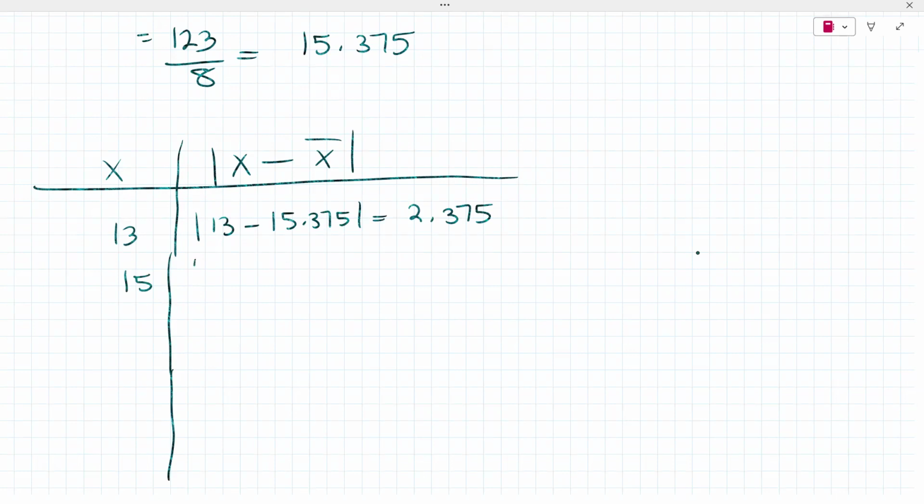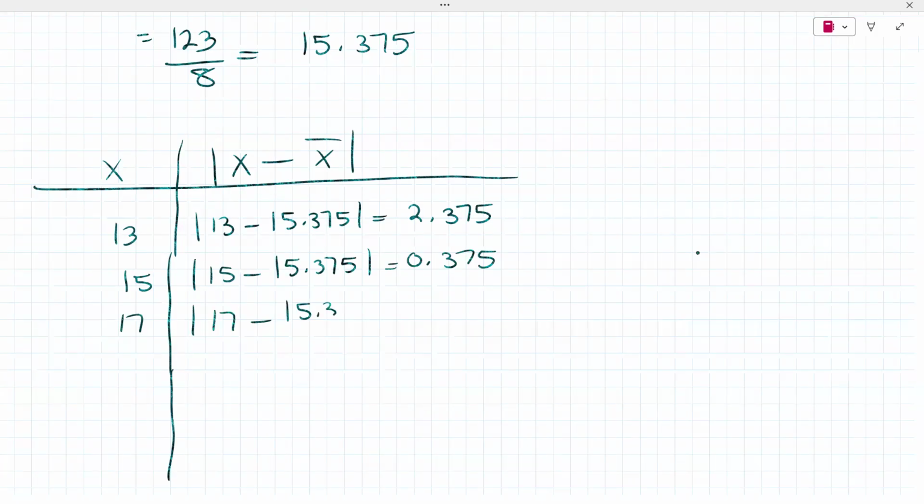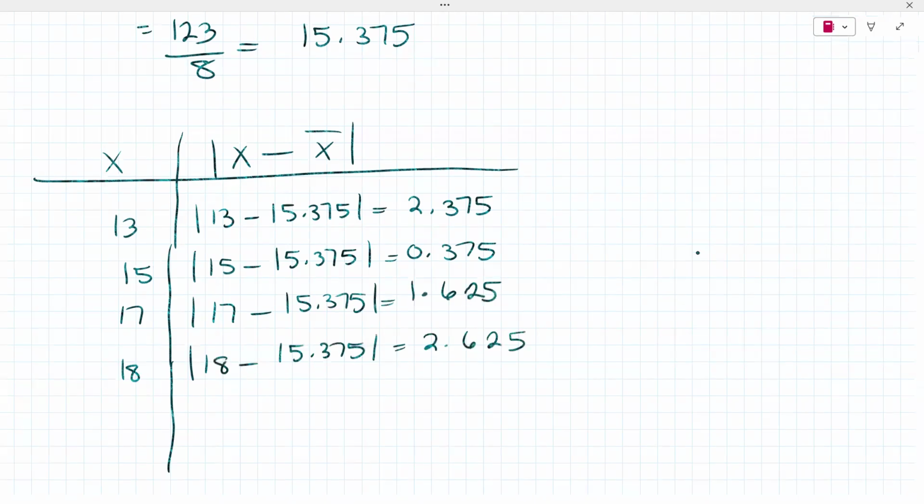And then 15 would be 15 minus 15.375, and that spits out positive 0.375. 17 would be the absolute value of 17 minus the average. Just make sure you're on track because it's easy to lose track. I get positive 1.625. Okay, 18. It'll be 18 minus 15.375, which spits out 2.625.